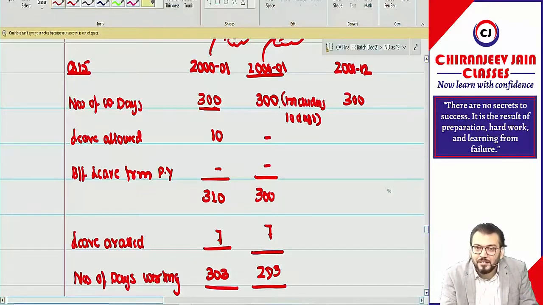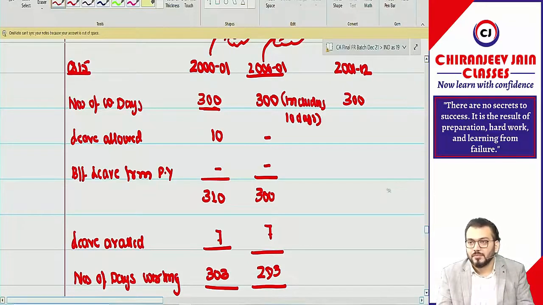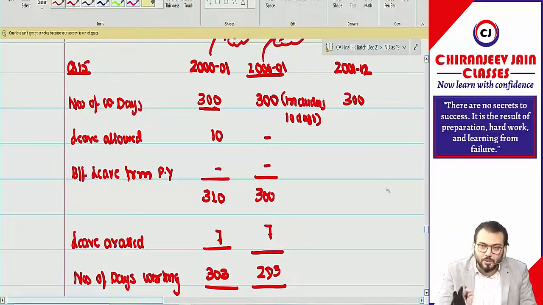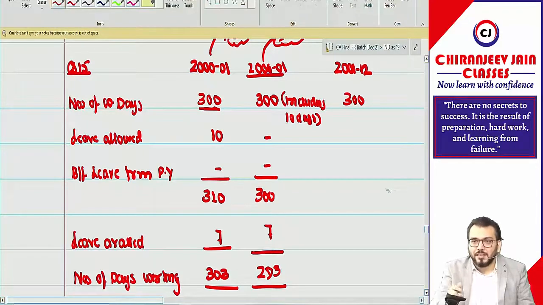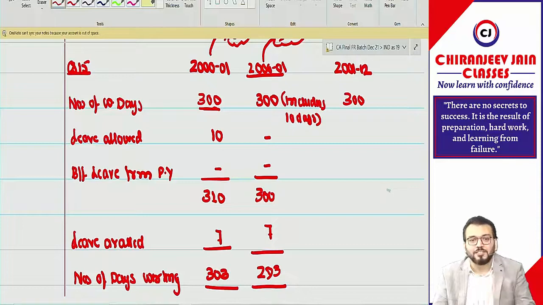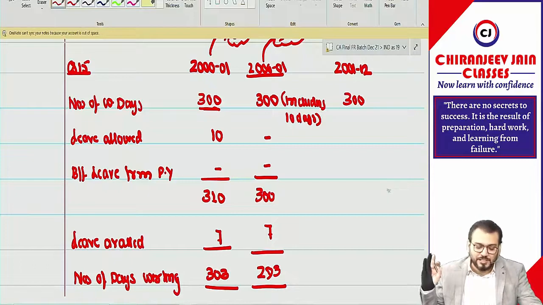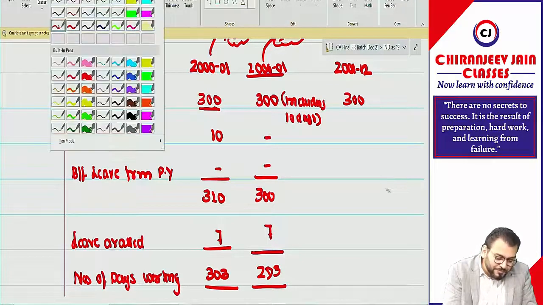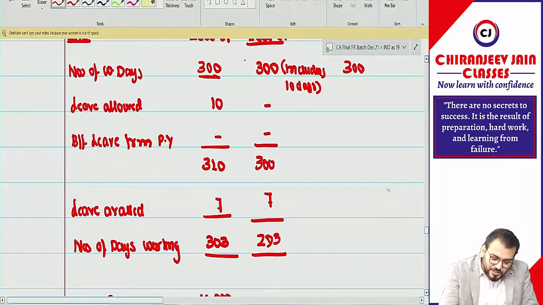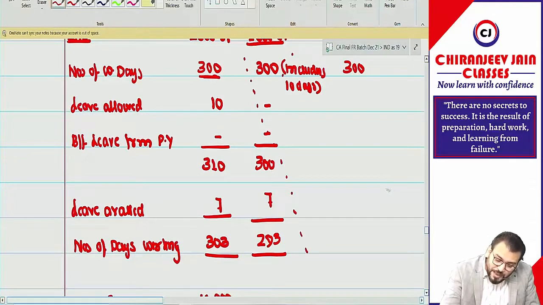But they have divided by 300 only. It means there is some clerical mistake. From my viewpoint, I don't think this is correct. But at the end, the answer will match, and you will understand why the institute is wrong.